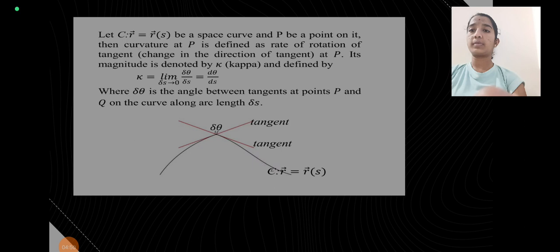Then curvature at P is defined as the rate of rotation of the tangent, the change in the direction of the tangent at P. Its magnitude is denoted by k and defined by k is equal to the limit as delta s tends to 0 of delta theta by delta s, which is equal to d theta by ds, where delta theta is the angle between the tangents at points P and Q on the curve along arc length delta s.